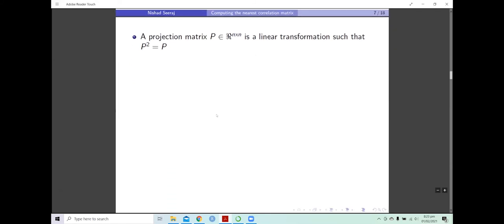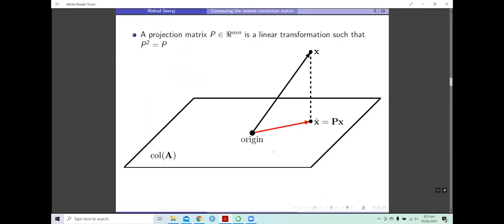So I actually included an image here so you can see. We have the subspace here, X, and we have a point outside of the subspace. And the idea is you want to project this vector onto the subspace and get a solution, X hat.